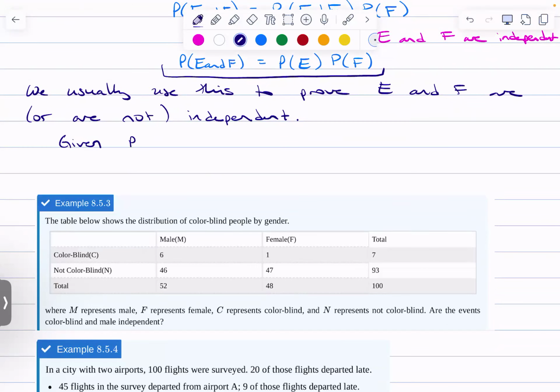Given the probability of E and F, the probability of E and the probability of F, we can multiply them, and if it equals the probability of E and F exactly, now if they have to equal exactly, then we can say they're independent.